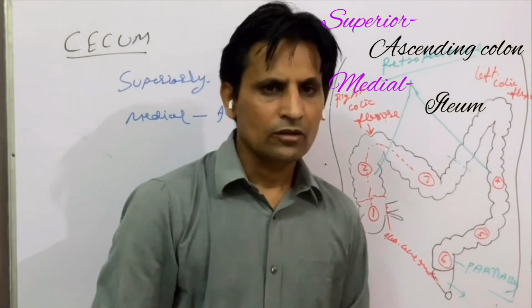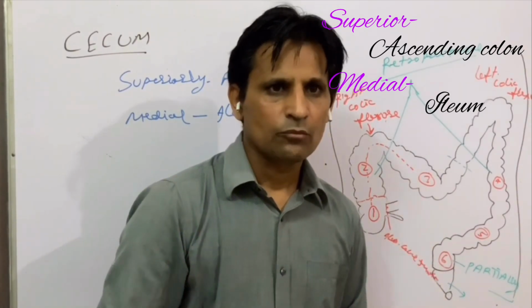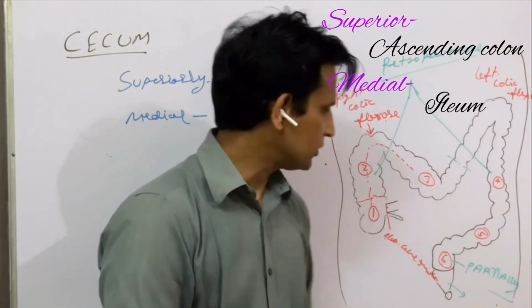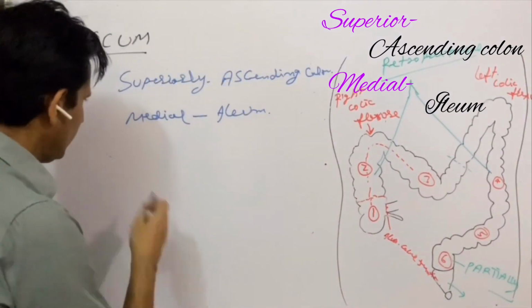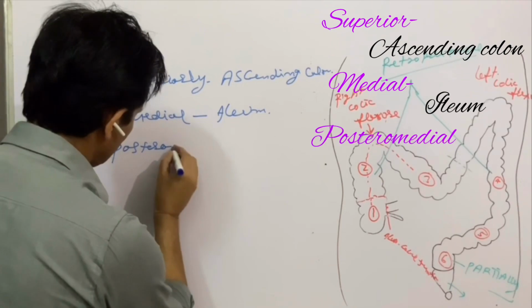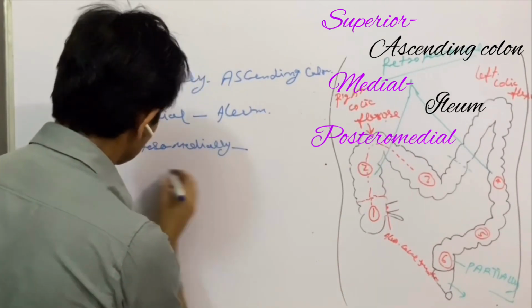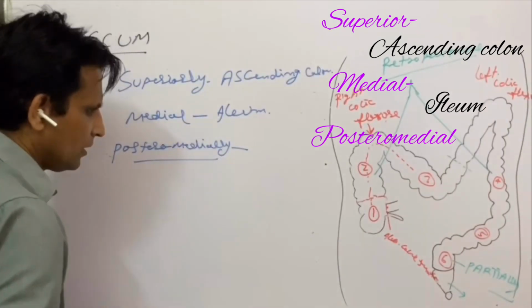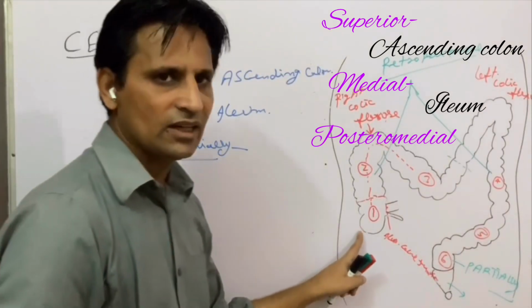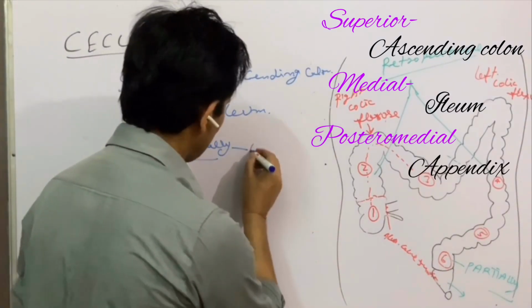And one more connection which the cecum has: posterior medially. And what lies posterior medially to the cecum? That is the vermiform appendix. That is the appendix.